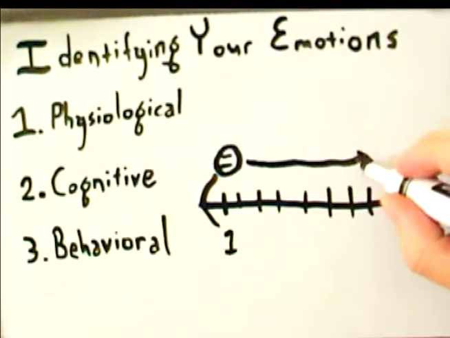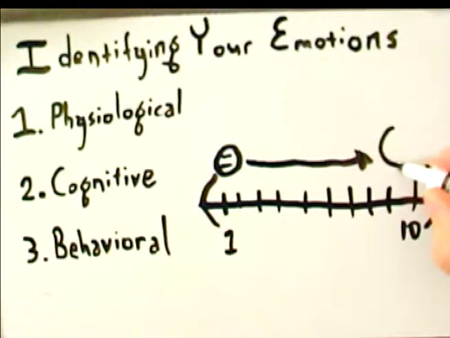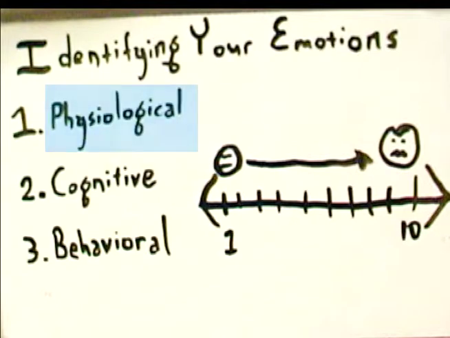Now, as the emotional intensity gets greater, though, and you get further and further up the scale, you might notice that your physiological signs change, okay? And this is where you really need to pay attention to how you experience your emotion and notice the intensity as it increases. What sort of things are going on physiologically, cognitively, and behaviorally as you get closer and closer to 10.